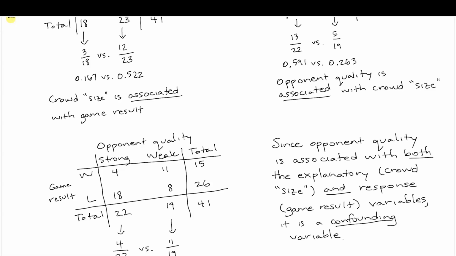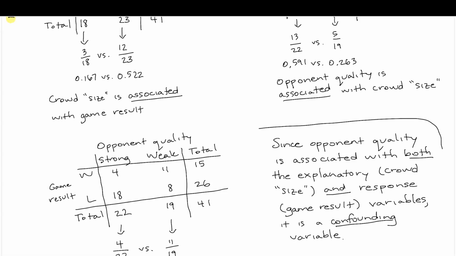So here we would say the game result, whether they won or lost, depends on whether they played a strong or weak opponent. So the game result would be considered the response, and opponent quality the explanatory. And these are the same proportions we computed before, 0.182 versus 0.579. I just wanted to show you how they look in a table. And the fact that those proportions came out different means opponent quality is associated with the game result.